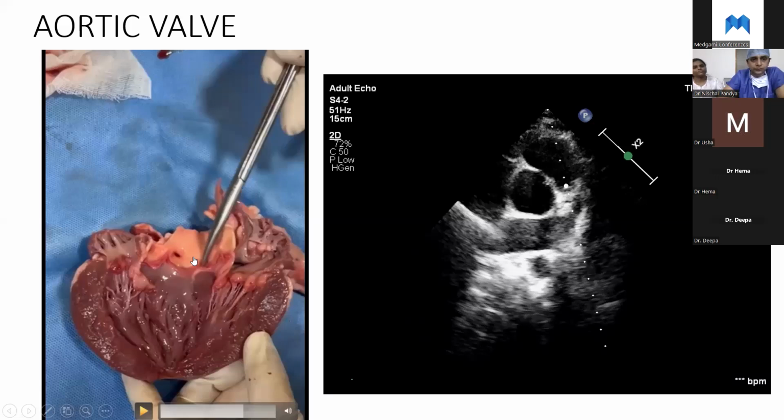The portion between the right and the non-coronary cusp is more fibrous, and when you open it, you would go right into the RVOT. Again, the base at the nadir of the RCC is where the bundle lies. So we have to be careful when we're taking sutures there to be higher up over there.